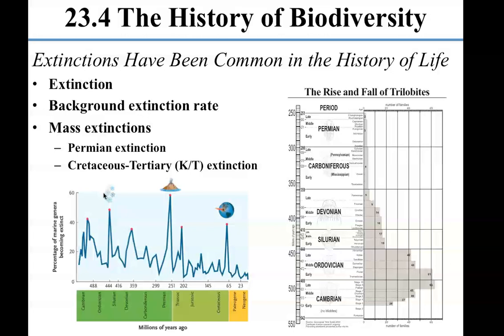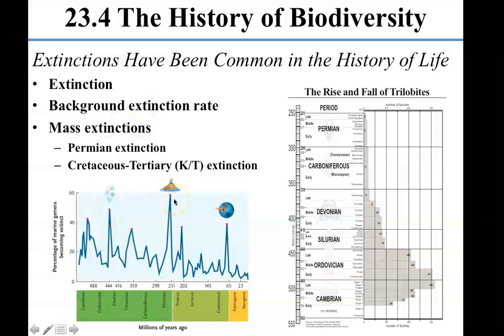This continent moved south due to continental drift, and as it moved south, it got closer to the South Pole, and this triggered glaciation. A lot of the water ended up getting locked up on the land as ice sheets and glaciers, and that reduced sea levels, and that's why a lot of these marine critters died here at the end of the Ordovician.